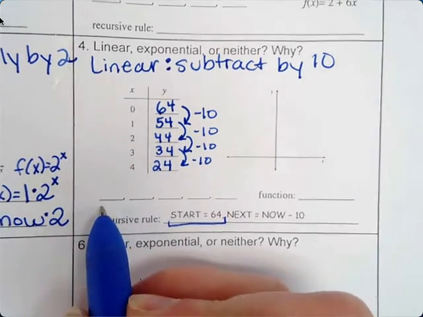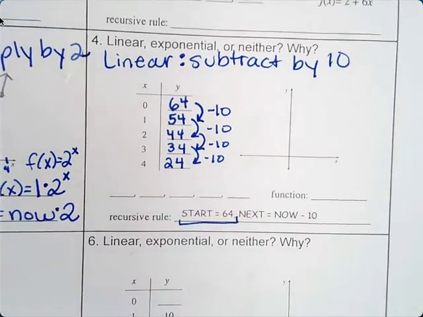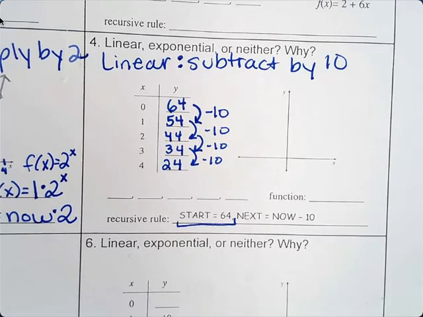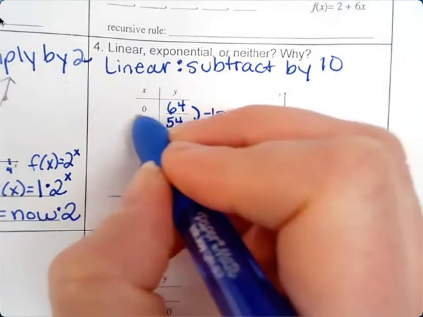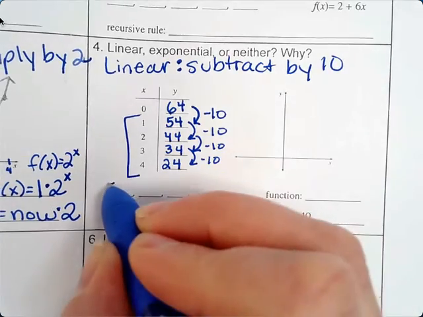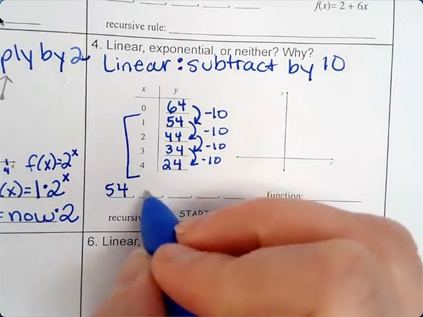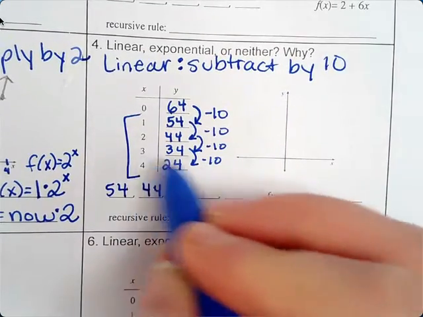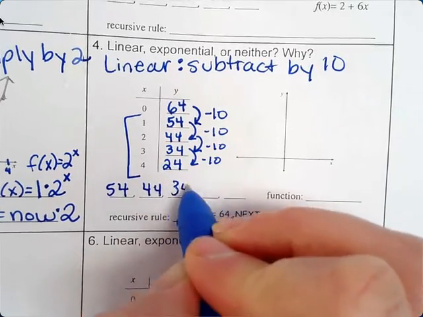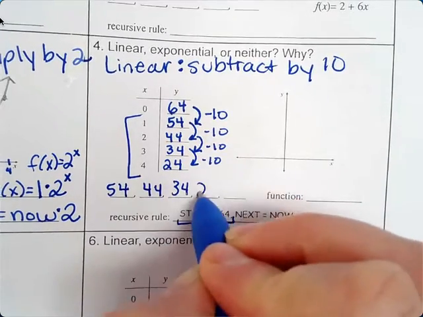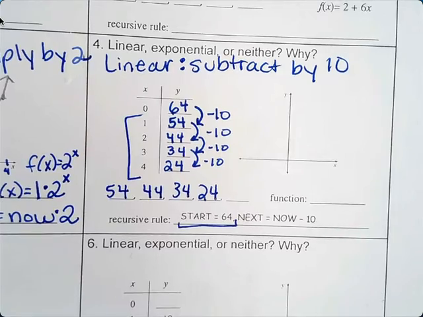Okay, let's go ahead and do our sequence. What term do I start with for my sequence? My first term is 54. My second term is 44. Third term is 34. Then we got 24. What would be the next one? 14.